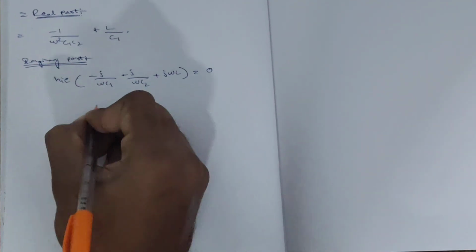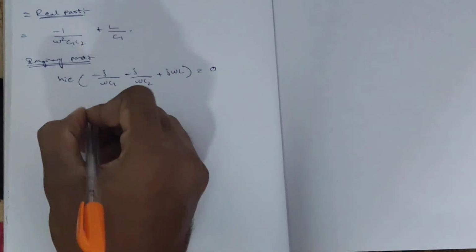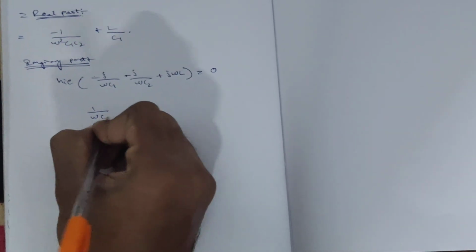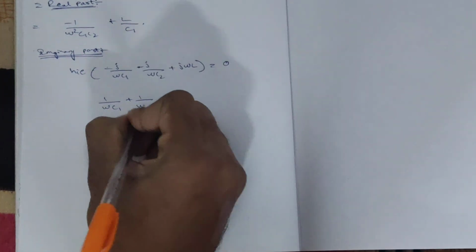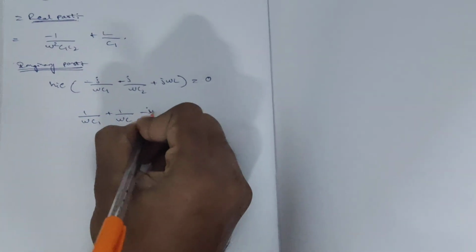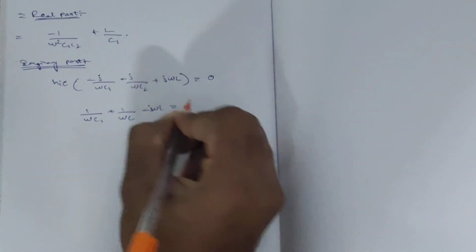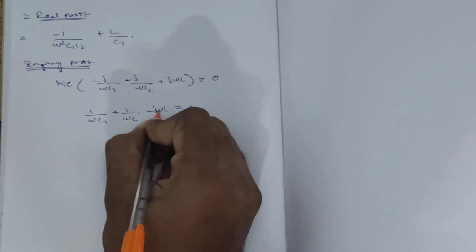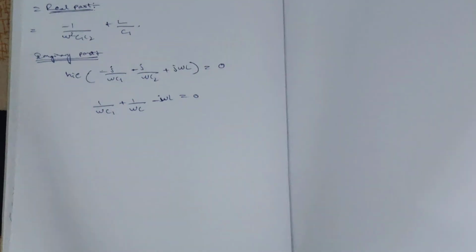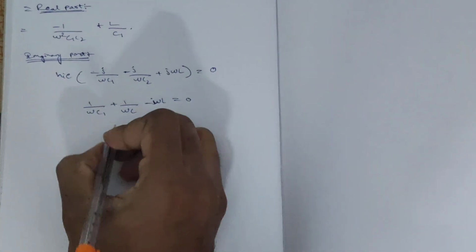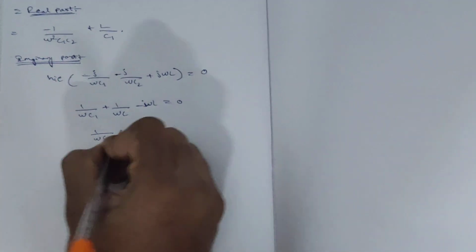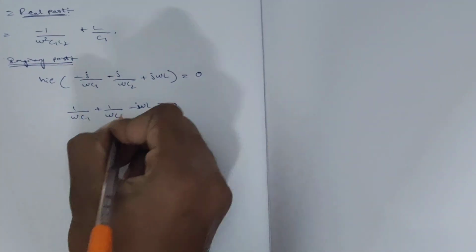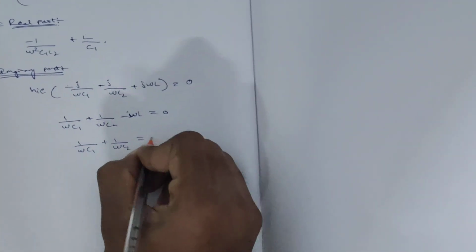The refined equation is 1 by omega C1 plus 1 by omega C2 minus omega L equals 0. Now the minus part changes to the right side: 1 by omega C1 plus 1 by omega C2 equals omega L.